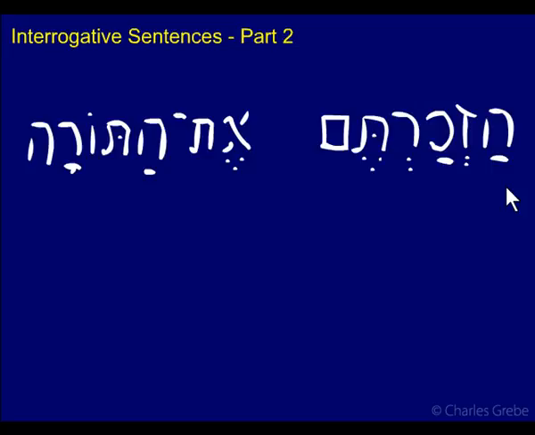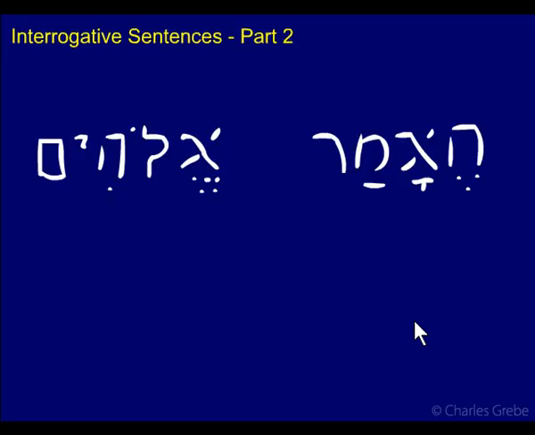Now here you can tell that this isn't the article, because if it was the article, you'd have doubling here. There's no reason why you can't double this. But the interrogative hey doesn't double. So you know that this can't be the article. And so sometimes the interrogative hey will have a different vowel, and you just have to recognize that. I'm not giving you rules as to exactly why. I don't even know what they are. So run with context for those things. I'm sure there are some rules somewhere.